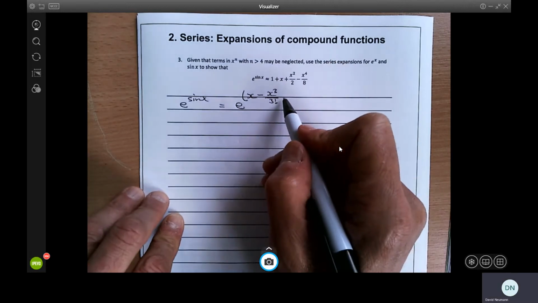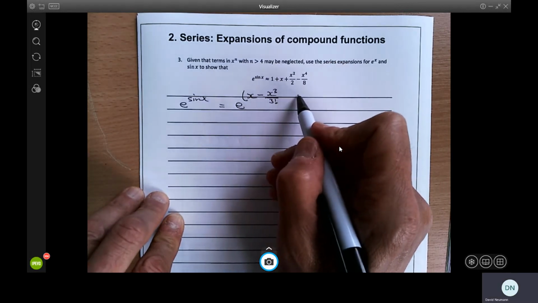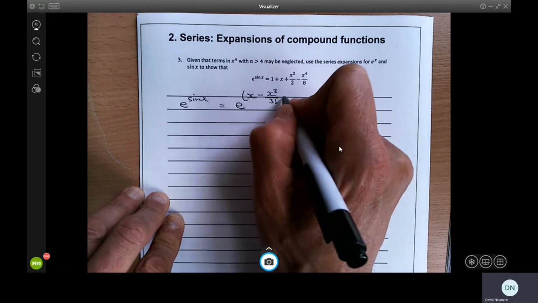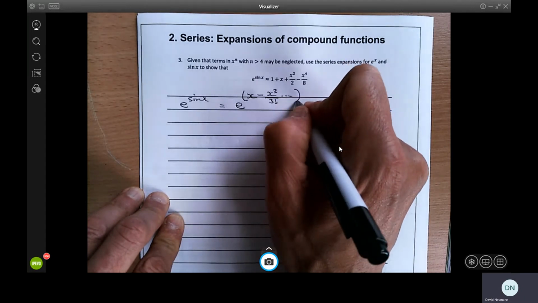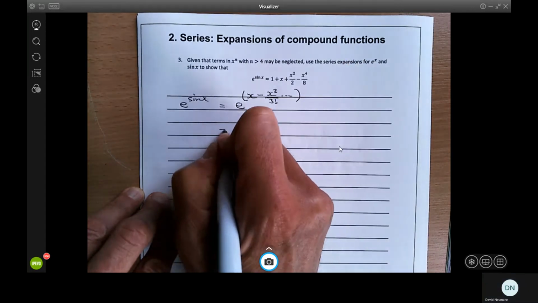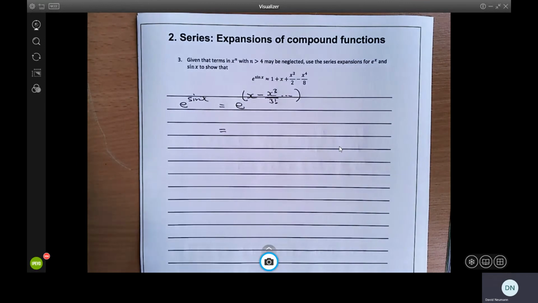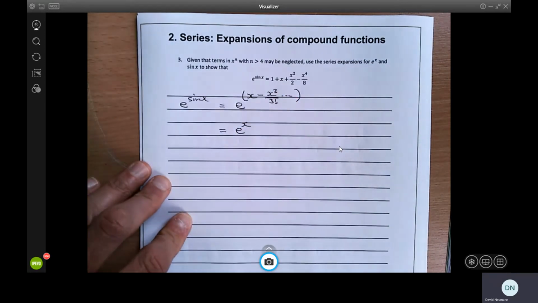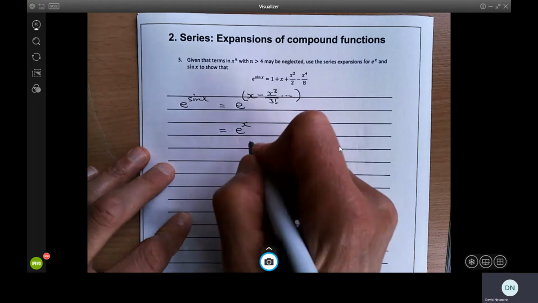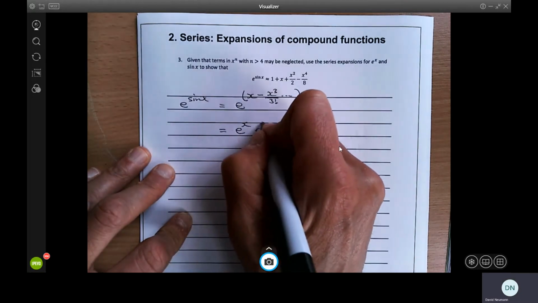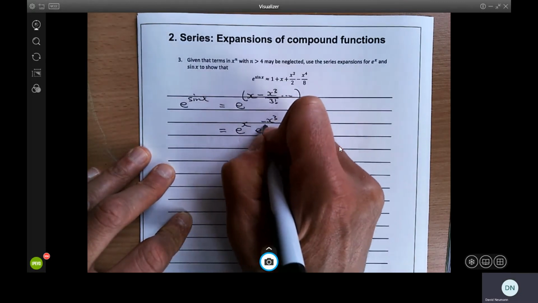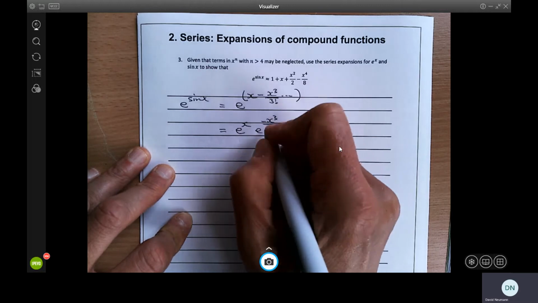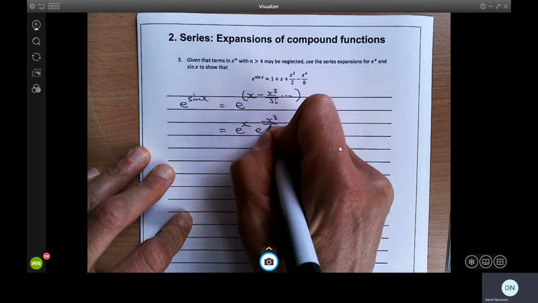And we could go on, but the next term is x to the power of 5, and we're actually not going to need that. So then we can say that this is e to the x times e to the minus x cubed over, let's expand that 3 factorial to 6.